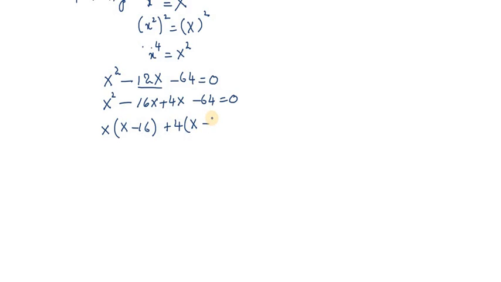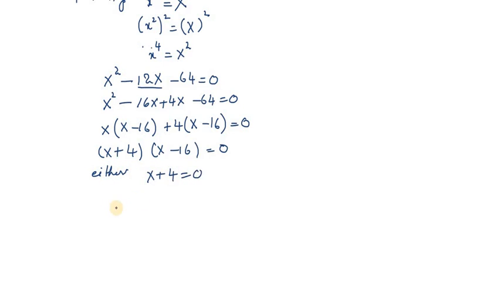So X minus 16 and X plus 4 is equal to 0. Either X plus 4 is equal to 0 or X minus 16 is equal to 0. We get the value of X as minus 4 from here, and the value of X is equal to 16.